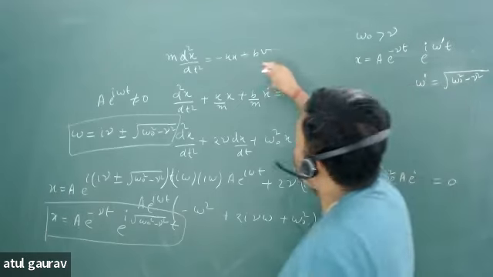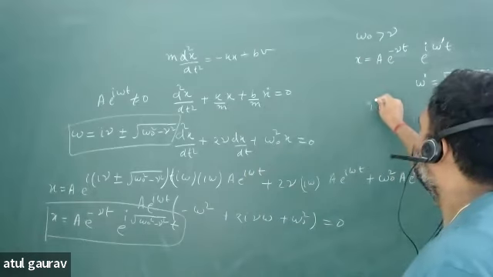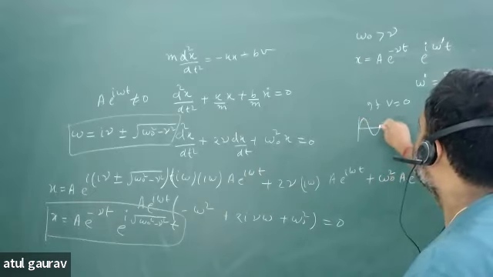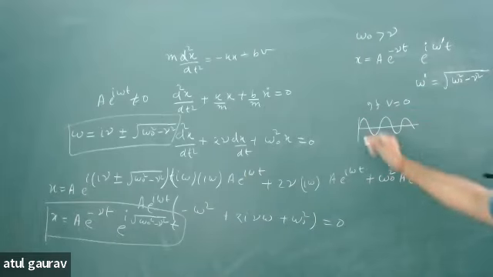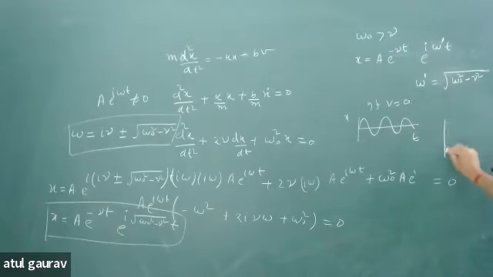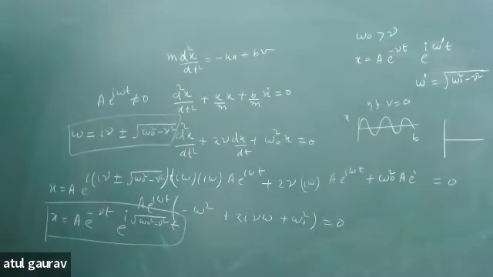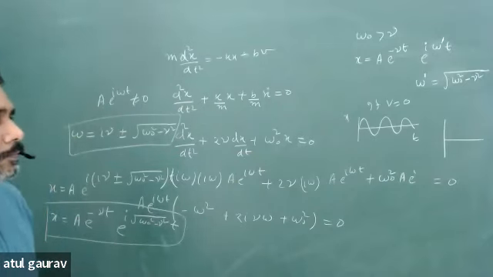Now look at this: if this term was not there, if v is equal to 0, then which type of solution do we have? We have this type of solution, isn't it? x versus t. Now, if v is there, what is going to change? Sir, amplitude.